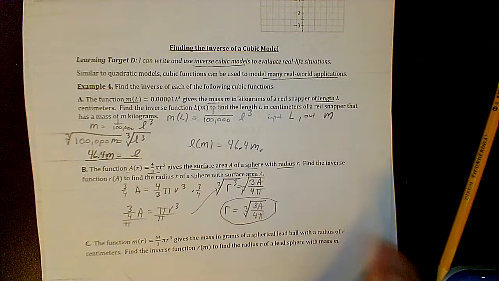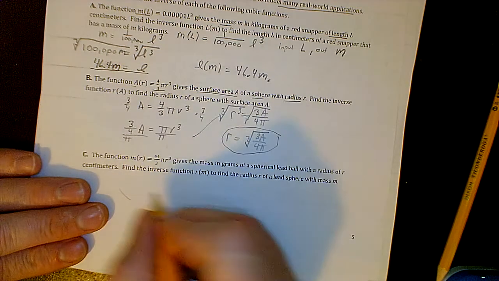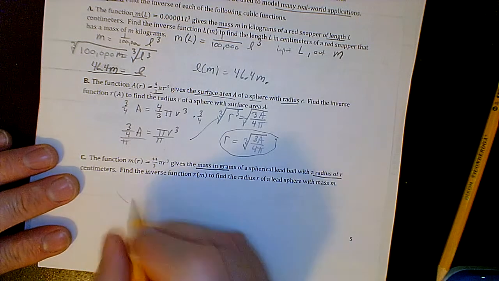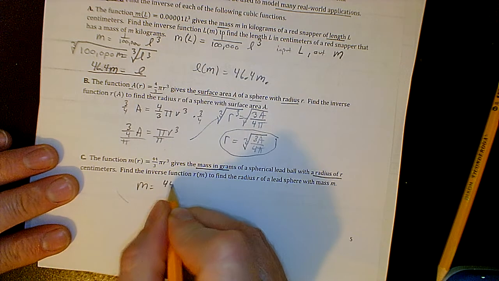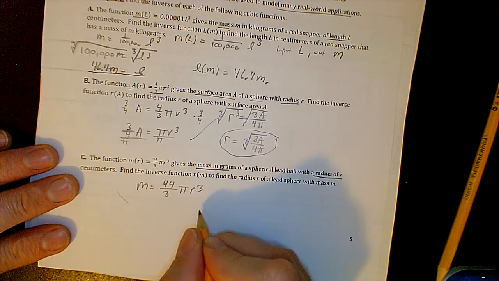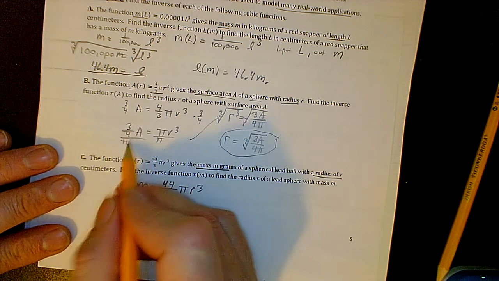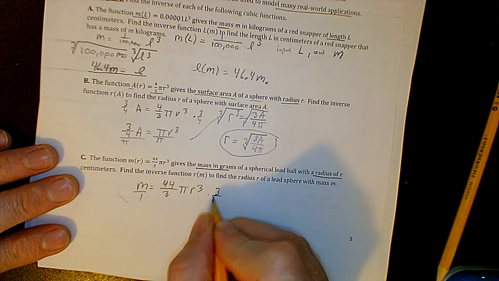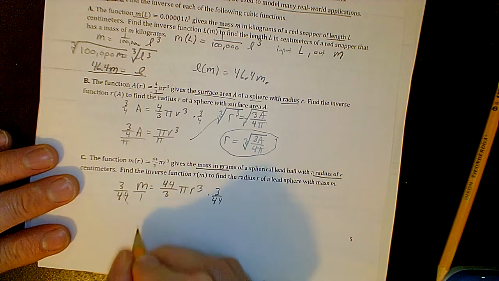Let's do one more down here and we'll be done. So let's see, what is this? Mass and radius. So the mass is equal to 44/3 pi r cubed. I'm going to show this one a little bit differently, because it's probably a little confusing right here. If we multiply by 3/44, let's keep it as a fraction over here.